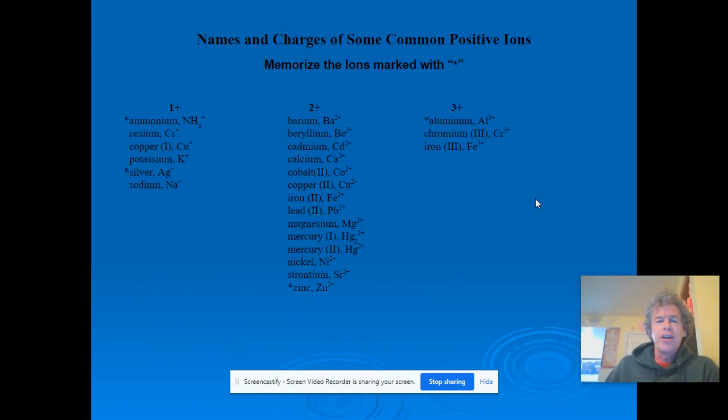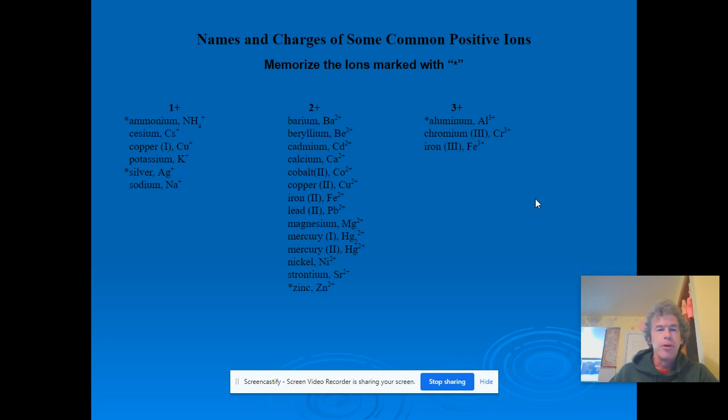Now, when we start talking about ionic compounds, it's important to know that there are a variety of different ions. Many of the ions are just single elements, like silver is Ag+, which forms a +1 ion. Other ones are a combination of a few different elements.